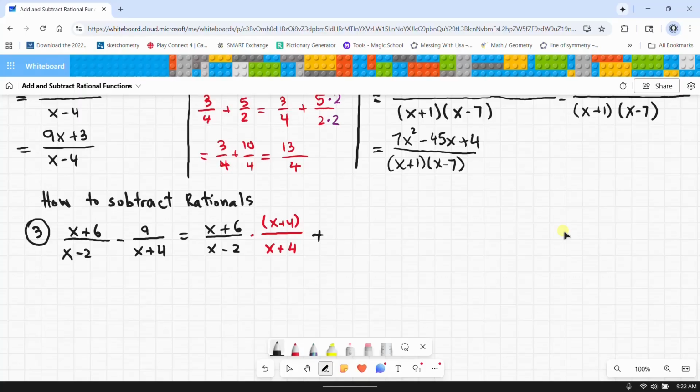So the black rational that I wrote here came from the original problem. And the red rational is the one that I multiply extra.